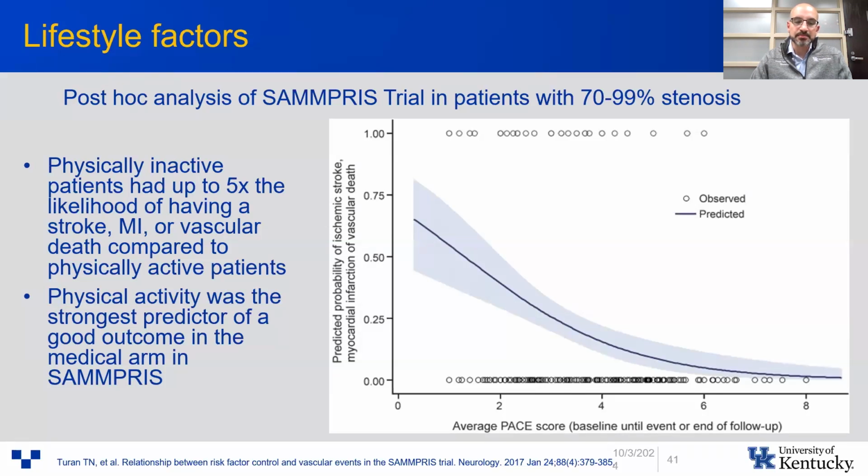The randomization was maximal medical management versus intracranial stenting, and it was overwhelmingly in favor of the medical management. The post hoc analysis also showed that physical inactivity led to 5 times the likelihood of having a stroke, a myocardial infarction, or death due to these vascular events.